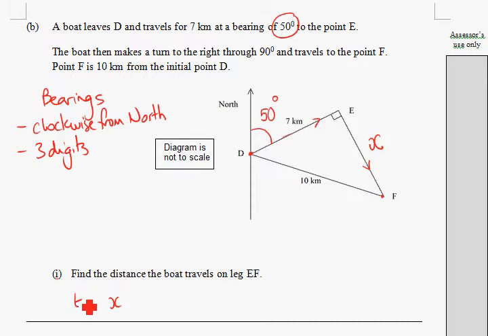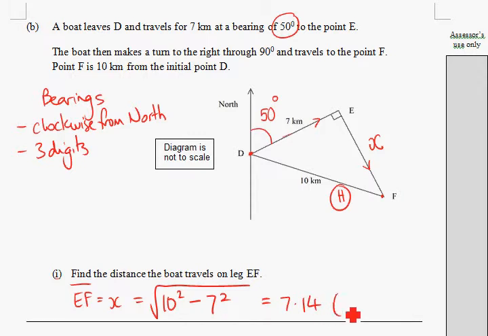X, or the length EF, is going to equal the square root of, there's the hypotenuse, 10 squared, and because once again we're looking for a short side, we should use subtraction. 7 squared. And we get 7.14 to 2 decimal places.